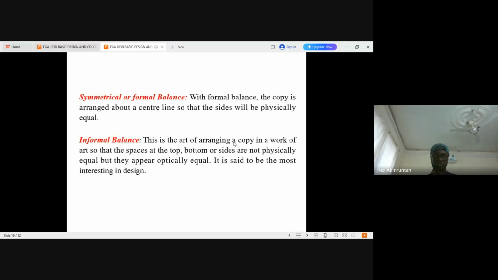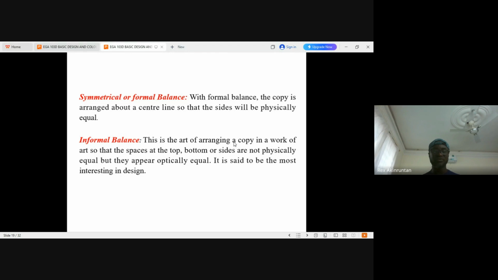In informal balance, when you split the jacket into two, they are of the same copy, but when you look at symmetrical balance, what is here is here.